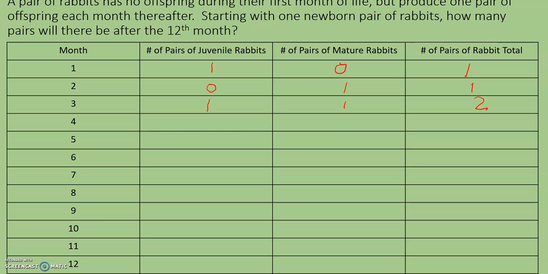The fourth month, that 1 pair of mature rabbits has 1 pair of juvenile rabbits, but now that juvenile rabbit pair from month 3 becomes mature, and now there are 2 pairs of mature rabbits, 3 pairs total.